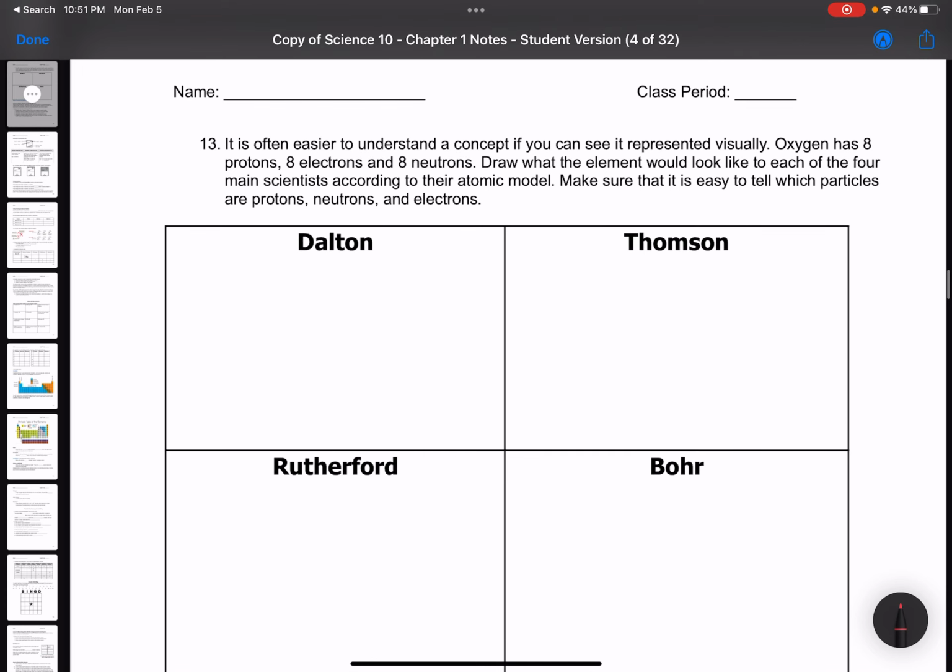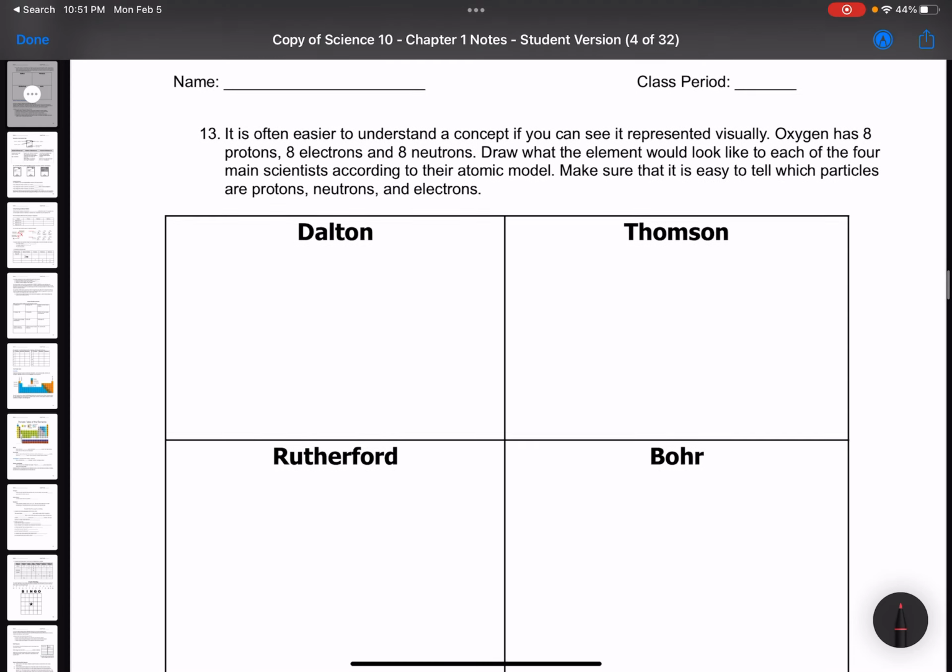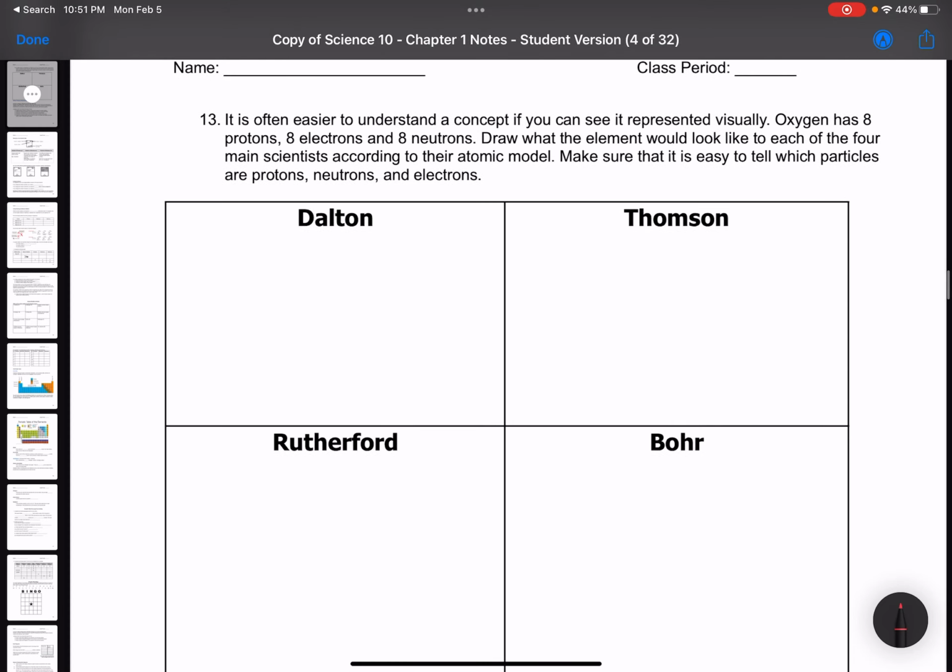And then on this question here, it tells us that oxygen has 8 protons, 8 electrons, and 8 neutrons. So you're going to draw what the element would look like from each of the 4 scientists according to their atomic model. So you need to think, this is what we know about oxygen right now, but that's maybe not what Dalton knew.